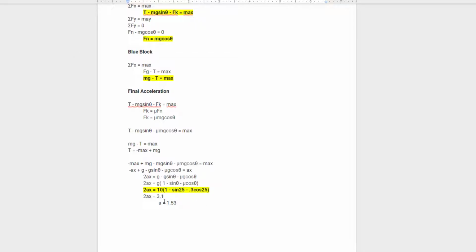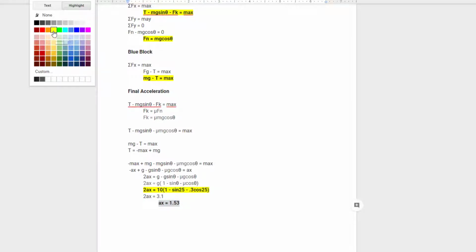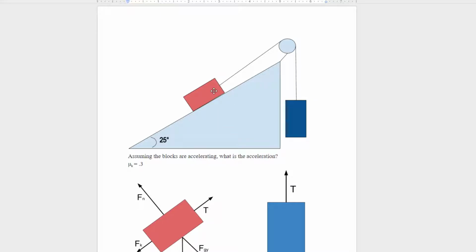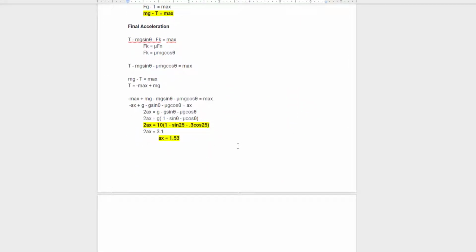In the x direction, of course. The acceleration in the x direction is 1.53. So what does that mean? That means the acceleration moving block 1, or the red block, over here is 1.53 meters per second squared.